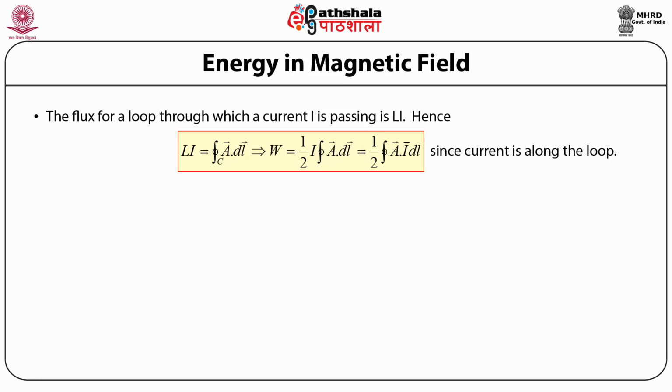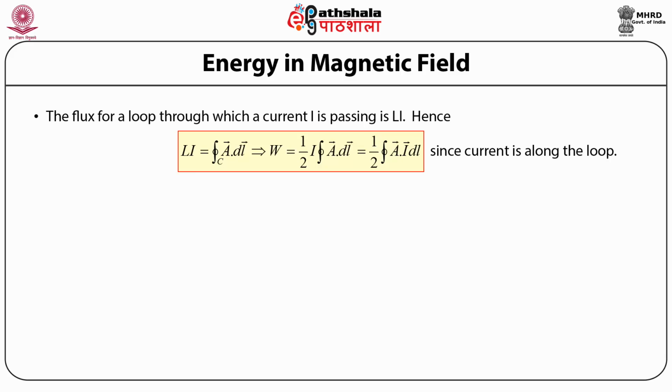So we can replace the self-inductance times the current with the expression that we have obtained in terms of the vector potential.